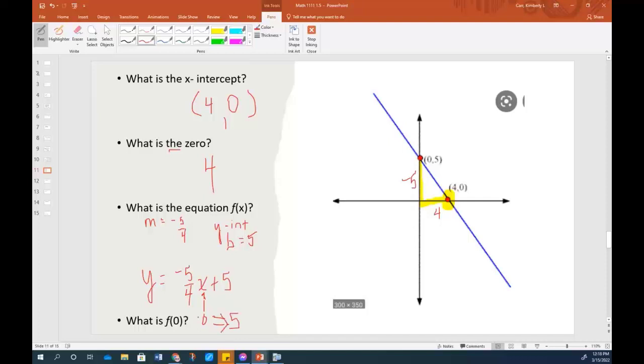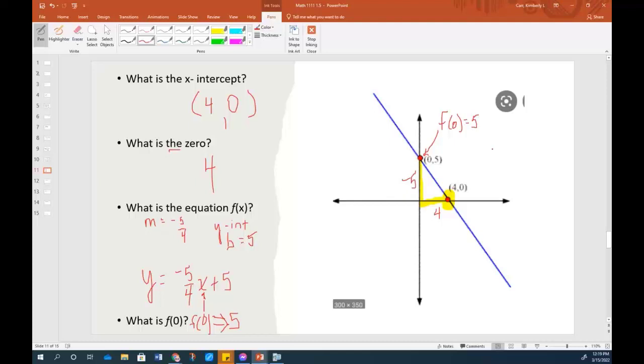It doesn't equal 5, but when I plug in a 0, I get 5. So notice a zero is different than f of 0. You just have to pause and get this straight, however you're going to have to do it, because whenever somebody learns something, one of the things you have to do is learn how am I going to remember this? Looking over here at your graph, when the x is 0, you get 5.